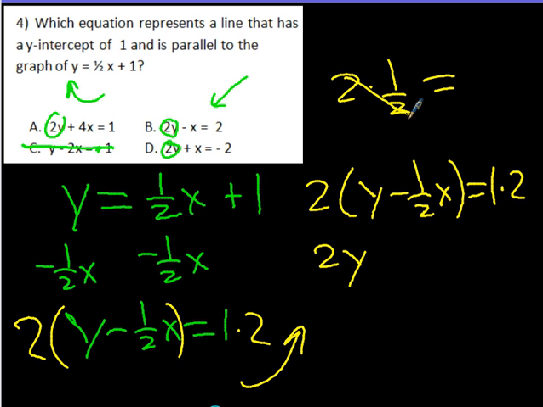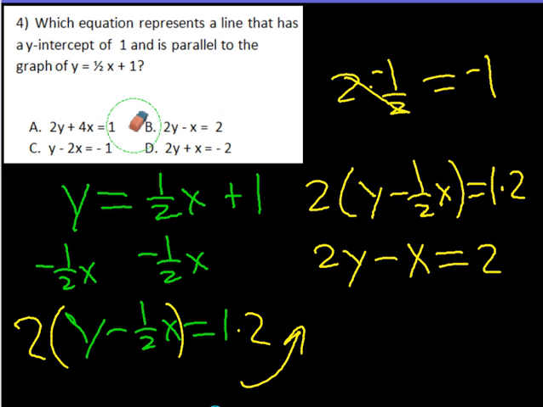That's just 1, but it was minus, so it's minus 1x, or just minus x equals, and 1 times 2 of course is 2. And now I think I'll find some success checking over here. Right, 2y minus x equals 2. And there it is. B.